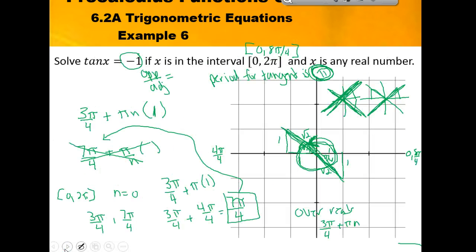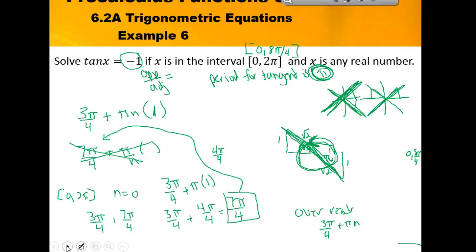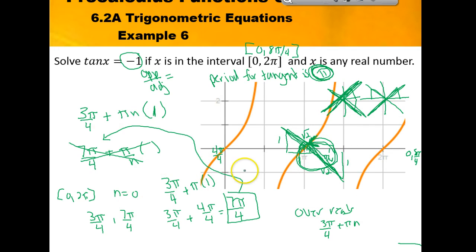Alright, there we are, tangent. Okay, now I'm going to hit this, and that guy's going to go away, and here is a picture of tangent, and let's get rid of all this writing right here, so that you can see what's going on. So all this stuff is gone.